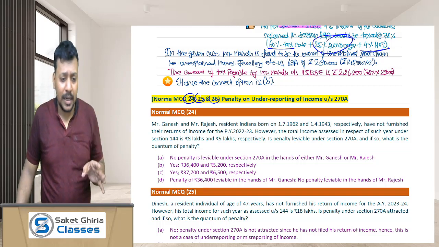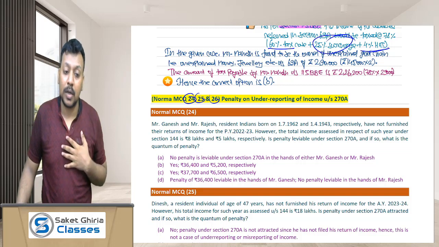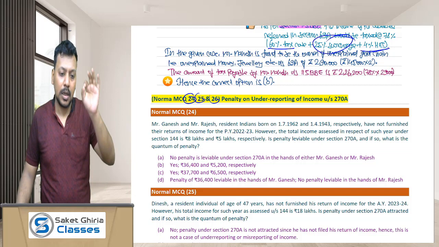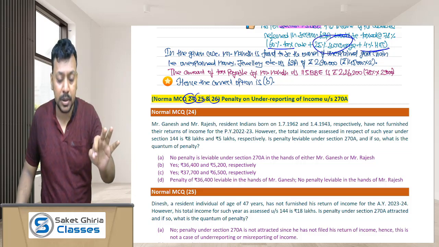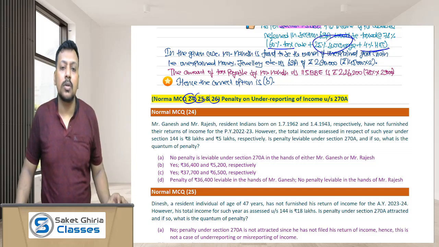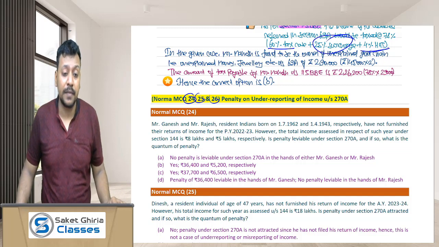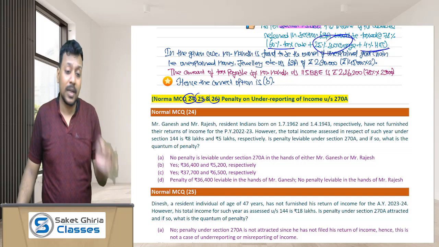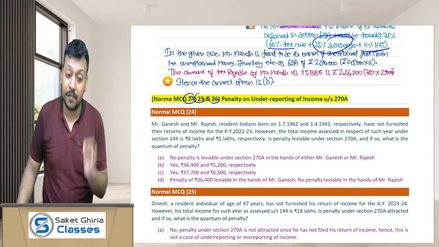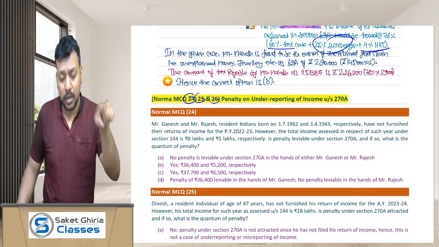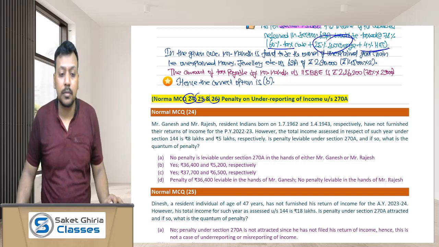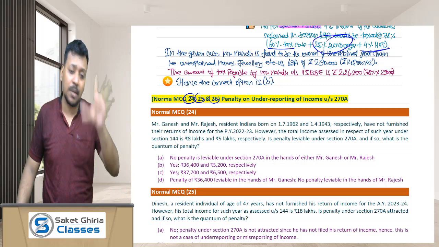On that underreported income, the tax amount would be calculated, and penalty would be levied at the rate of 50%, or at the rate of 200% if the underreporting is on account of misreporting of income. Underreporting on account of misreporting you will consider only if the question specifically mentions it. Otherwise, you will always consider underreporting other than misreporting, meaning the penalty of 50%.